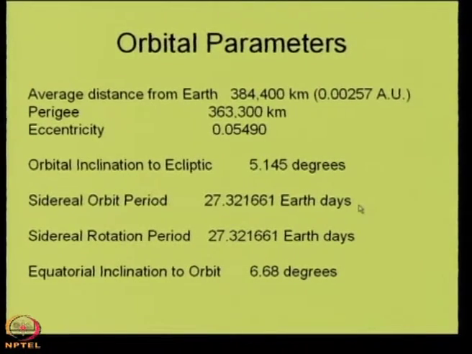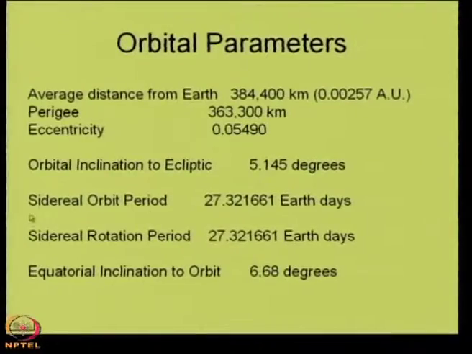The moon also rotates around its own axis, and the direction of rotation is the same as the orbital direction. The sidereal rotation period, the time it takes to do one rotation with respect to the fixed stars, again is 27.3216 days.